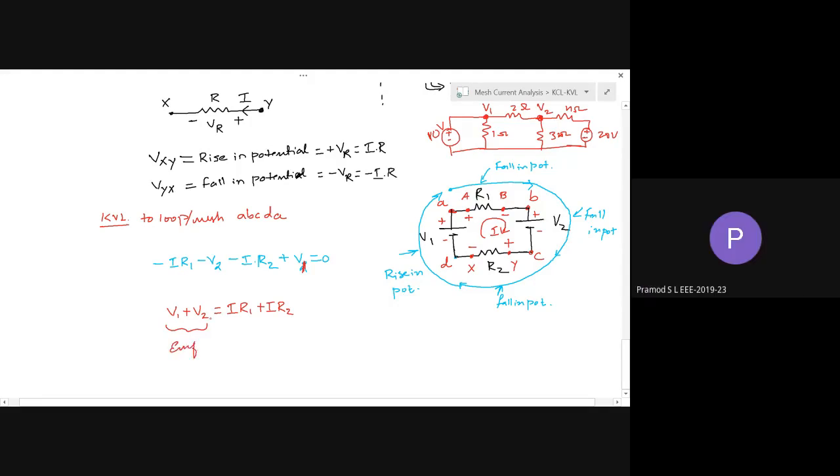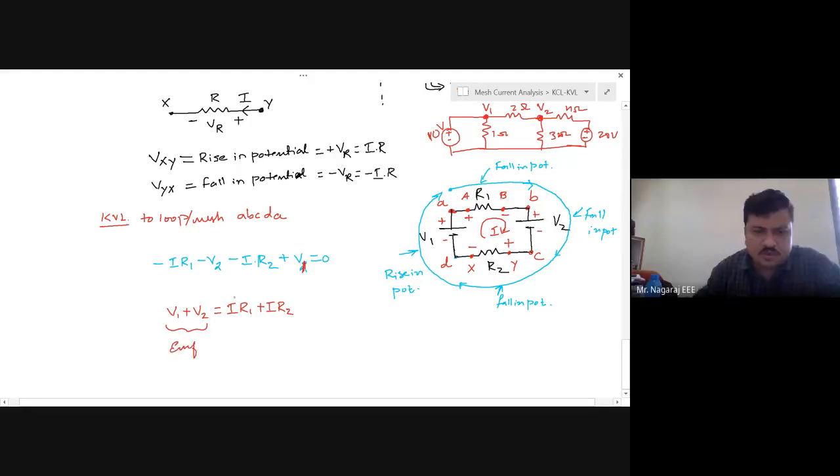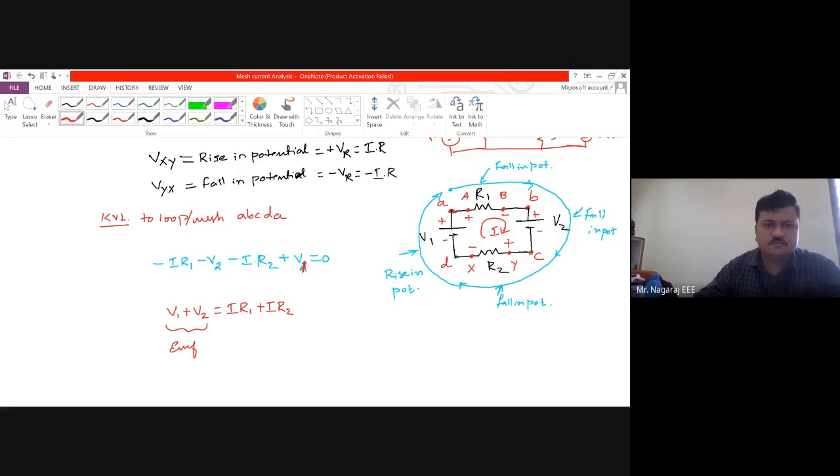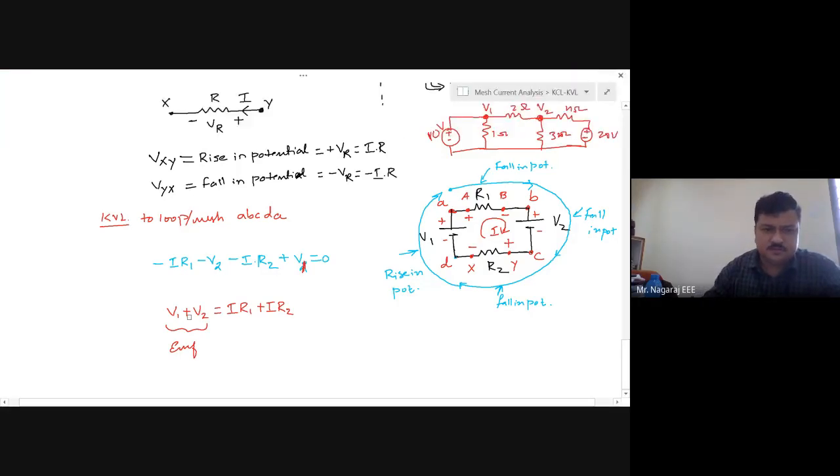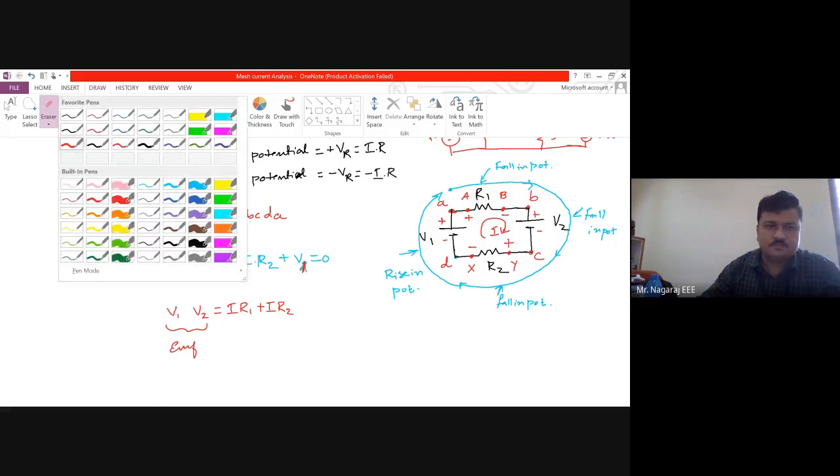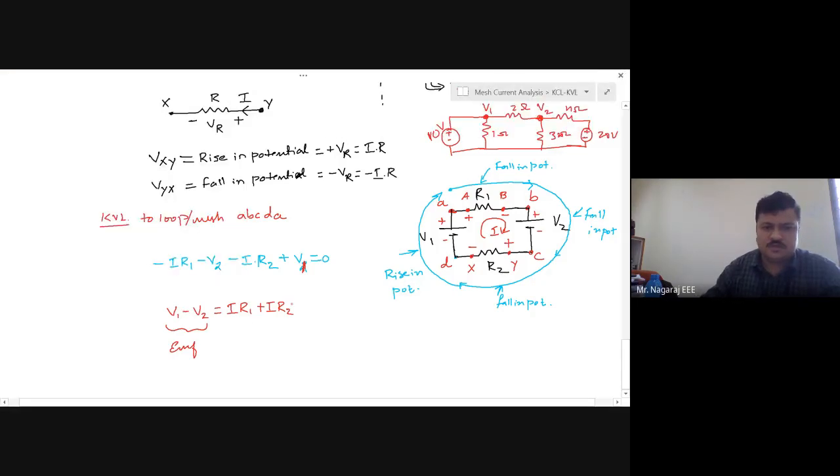V1 minus V2, these are EMFs. And IR1 plus IR2, what are these?